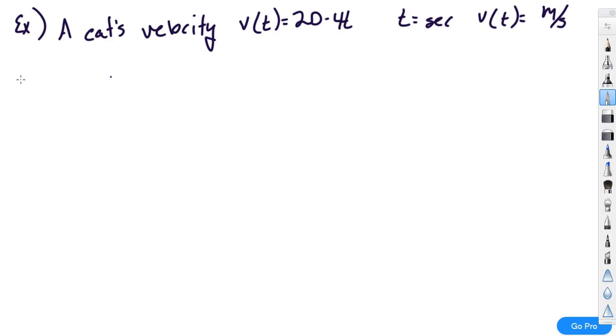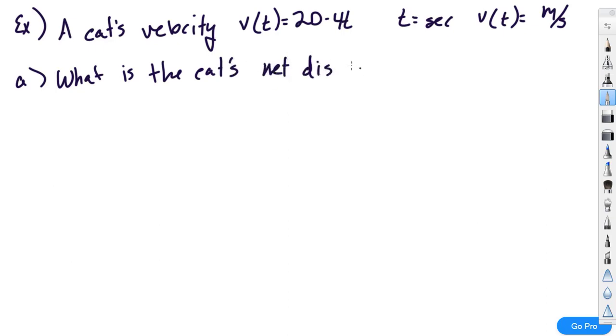Okay? So let's say that we want to answer this question. What is the cat's net displacement between 0 and 8 seconds?